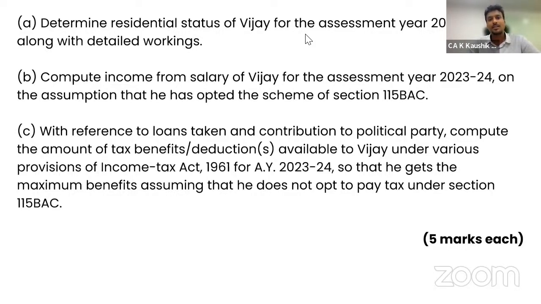If you look at this third part, it is focused on the Chapter VI-A deductions: 80EEA, 80EEB, and 80E, or the donation to political party, which comes under 80GGB and 80GGC. So these are the different sections looked into in terms of what kind of question is targeted.